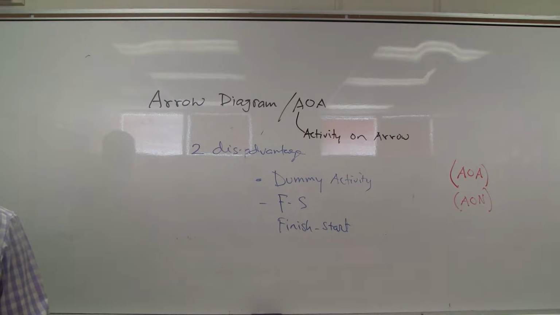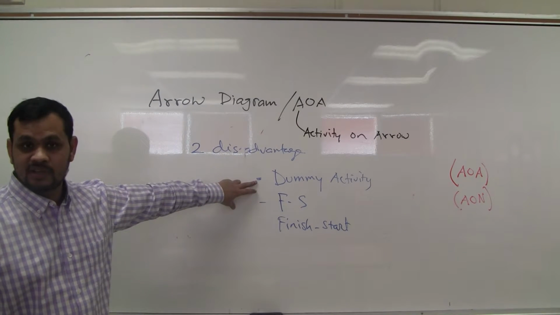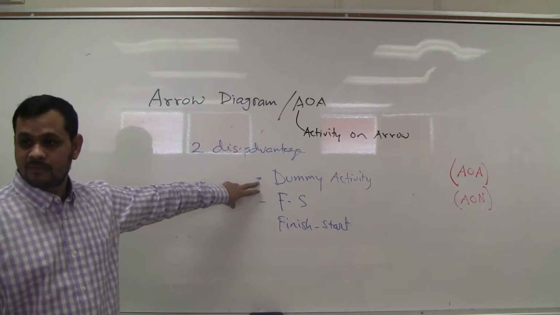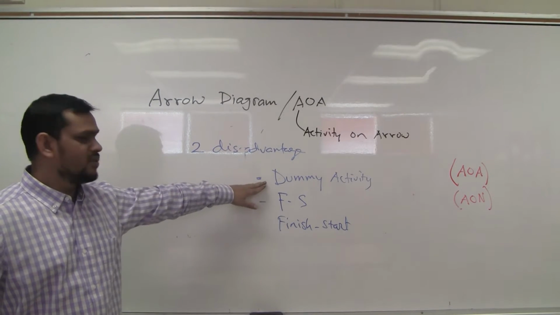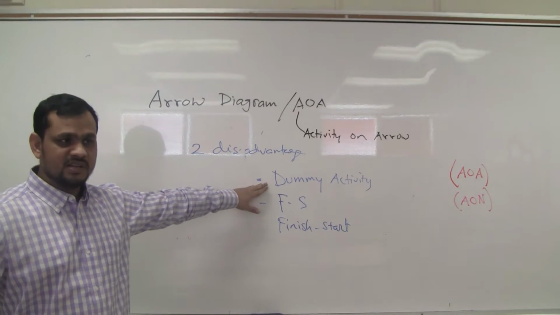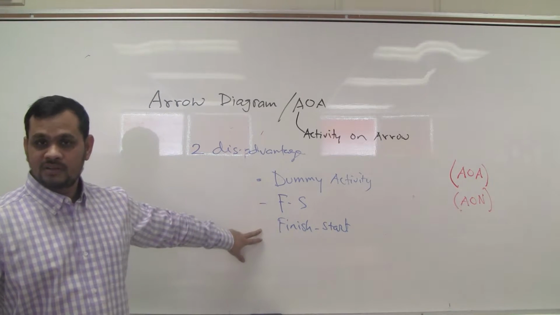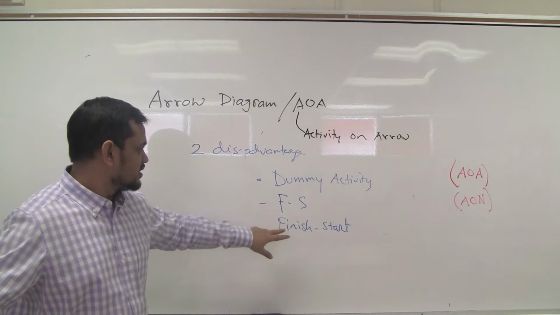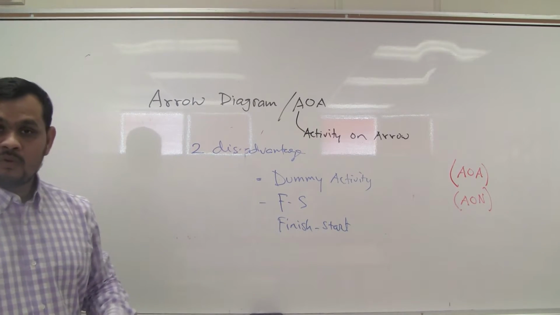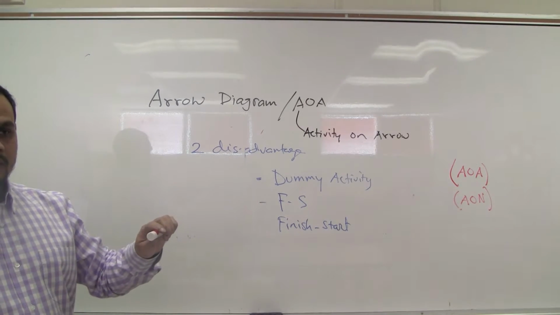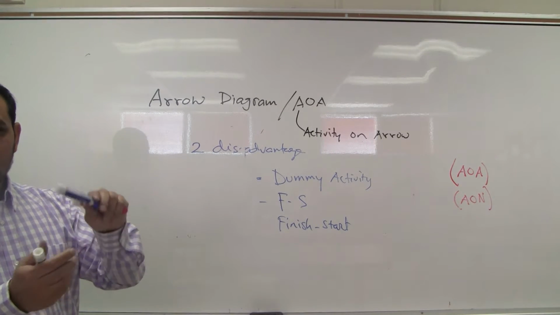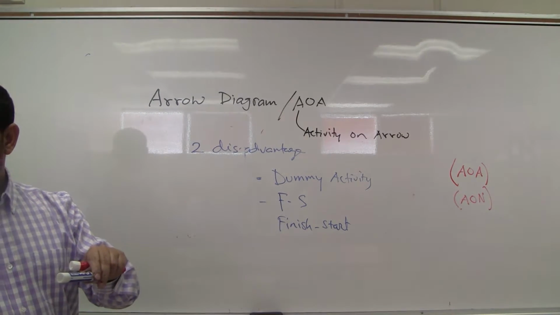Dummy means it has actually no activity, no duration. Just to show the logic, I need to introduce this. We'll see today, yes? Dummy. This is a problem. But this is not a major problem. Dummy activity is okay. We can tolerate. This one we cannot tolerate. What is this? Finish, start. That means one activity will finish, other one will start. One will finish, other one will start.